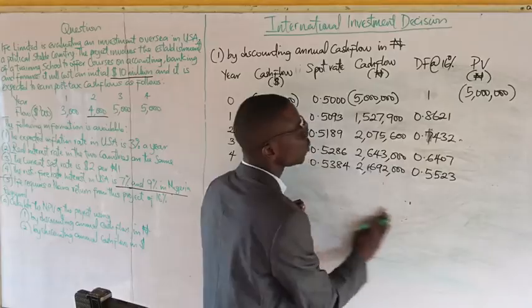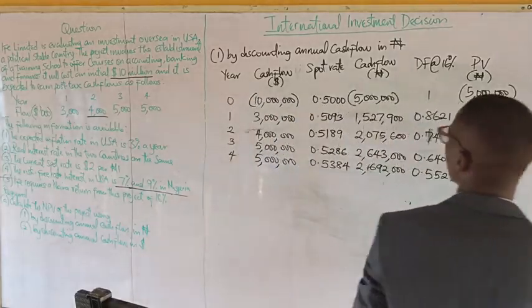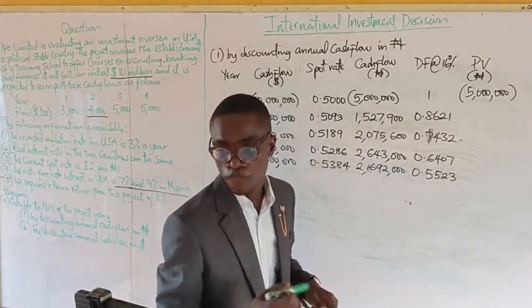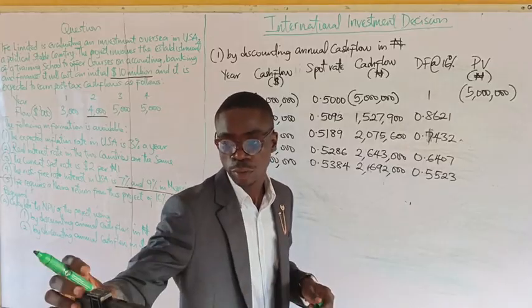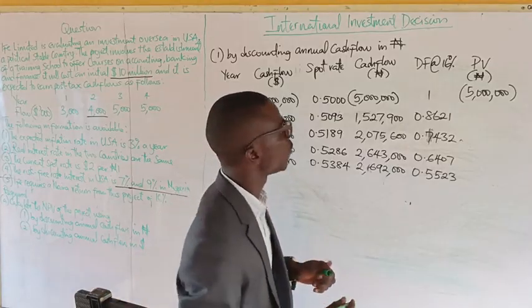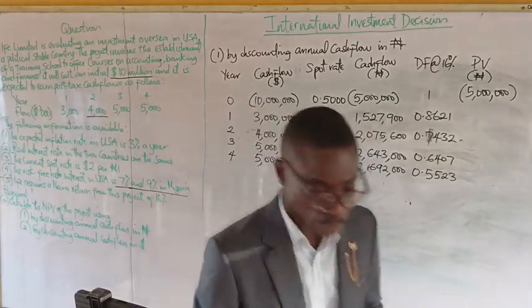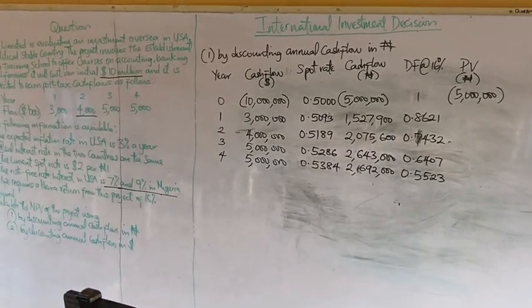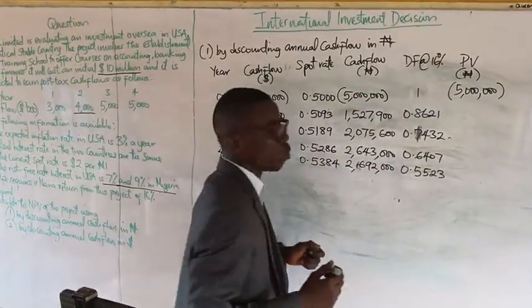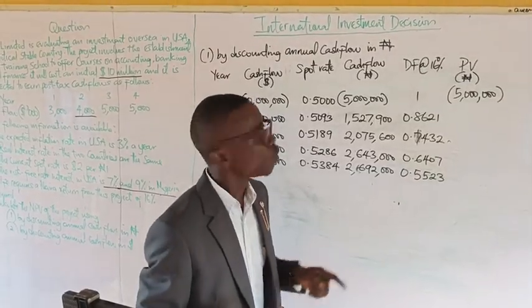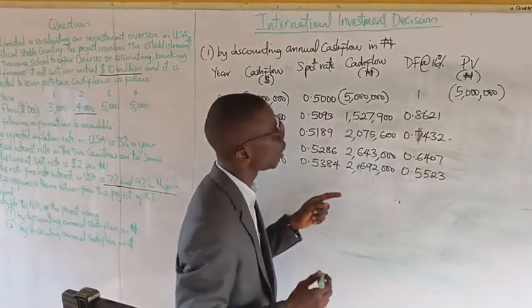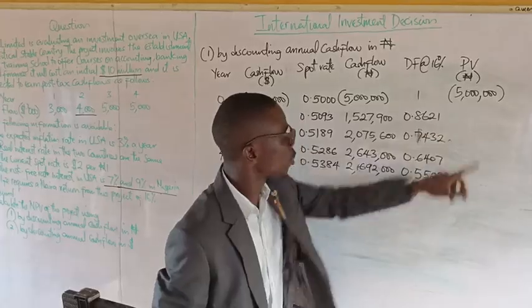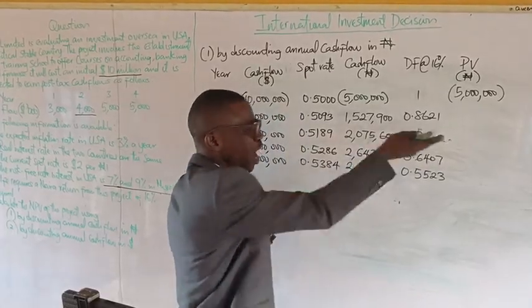So now, since we have gotten the discount factors at 16%, let's multiply this. This times this will give us what? Let's be fast. As we are writing year 1, some people should be doing year 4 and calling the figure for me.